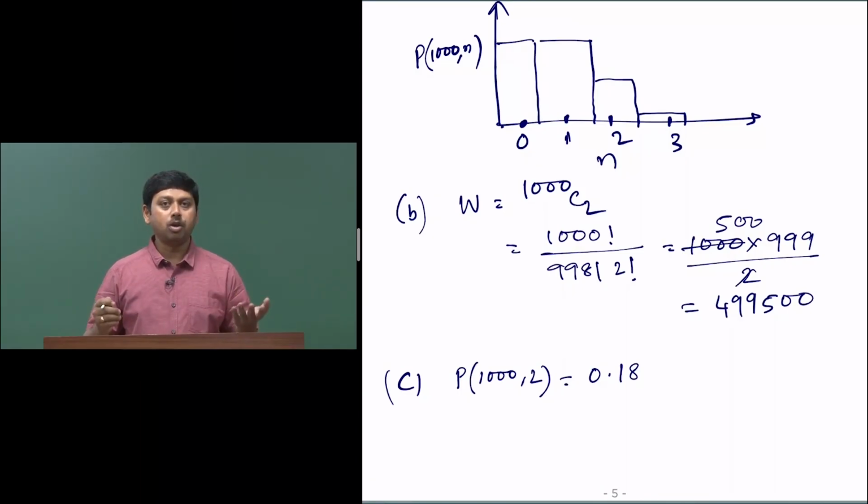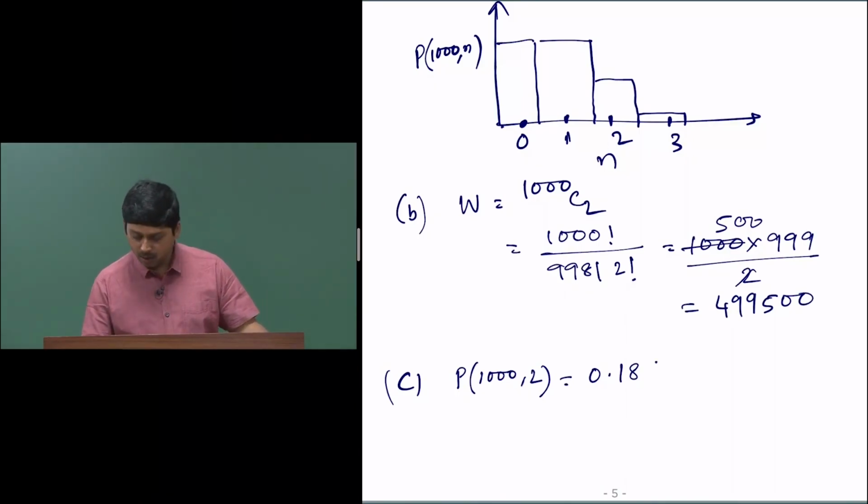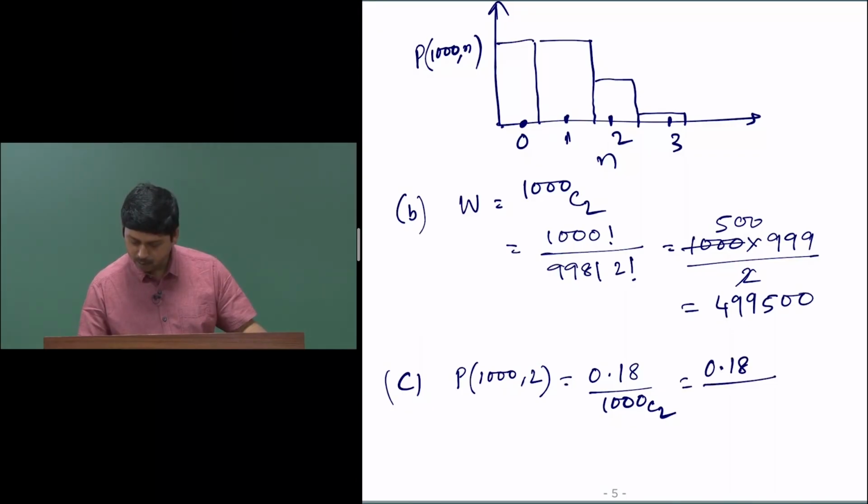And how many such possible combinations are there? 1000 C2. Now, those 1000 C2 we have multiplied in order to get that. Now, we have to divide by those 1000 C2, because here the positions of the mutations are very specific. So, they cannot interchange. So, now we are going to divide by that 1000 C2, which is 0.18 into 1000.